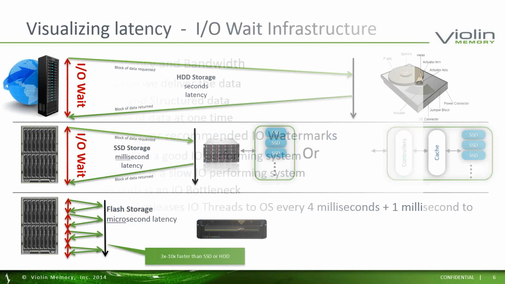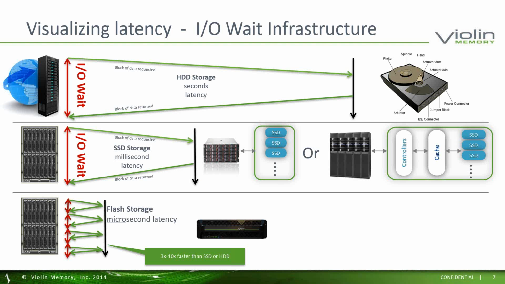That is in the millisecond range. And then for pure flash storage, this is storage architected so that you don't have any SSDs actually. You have just memory chips. You can get microsecond latencies. It can be 3 to 10 times faster than SSD or hard drive. And you're already operating well below what Microsoft is expecting at the host.